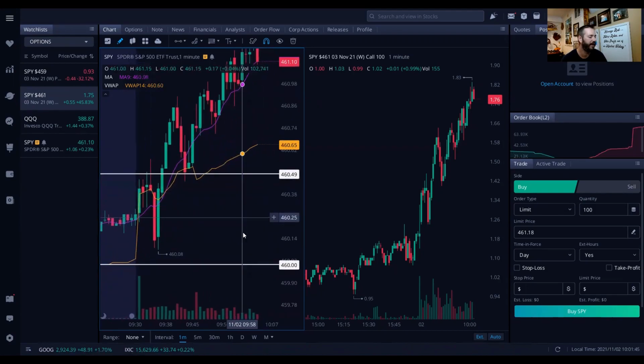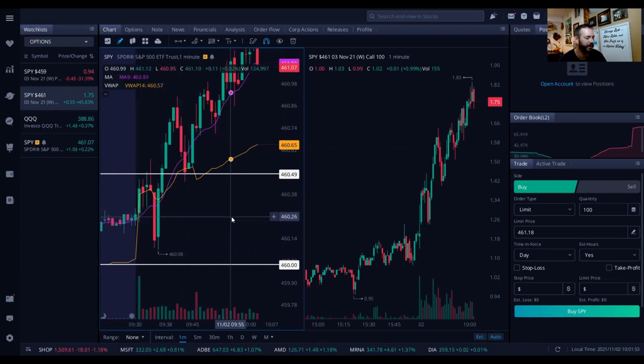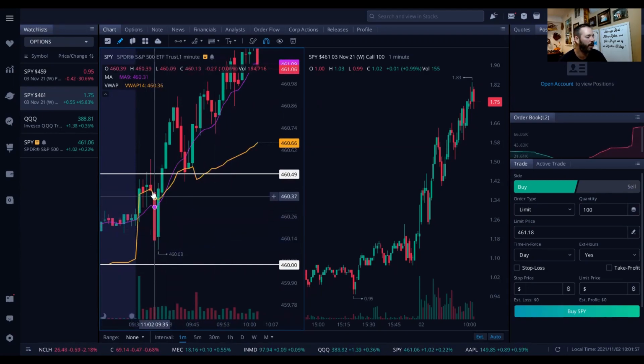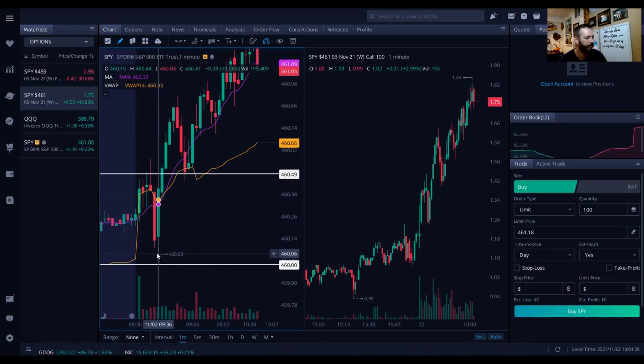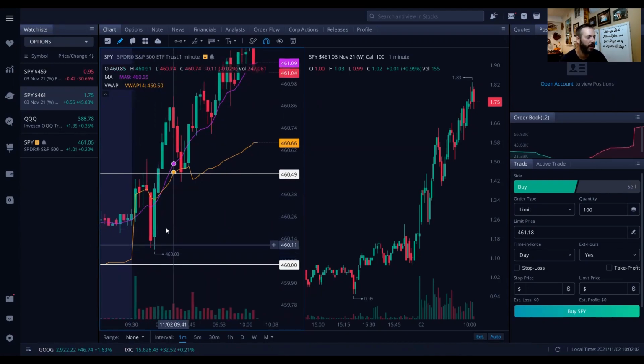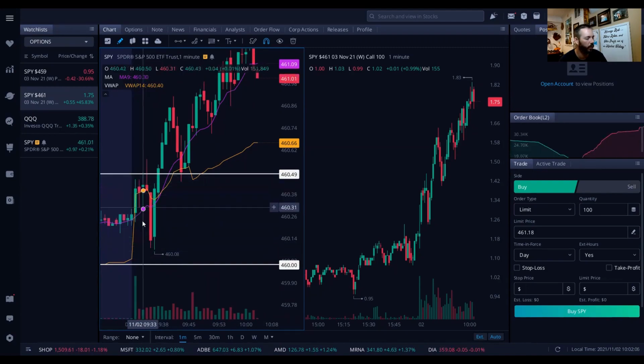So where did I get these two levels from? You can see here, we were 8 cents off of what I posted in the Discord, about 460 being that key level to watch. And when we saw price drop, like I said, with the opening range breakout, people want to get better prices, so they're going to wait.